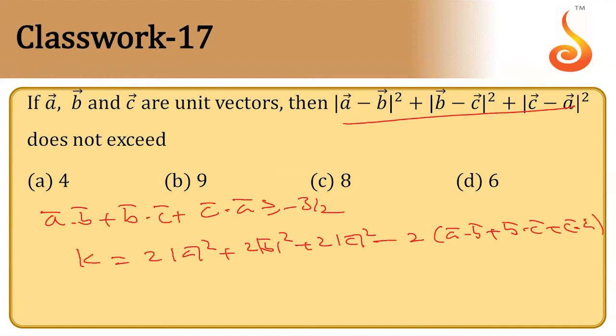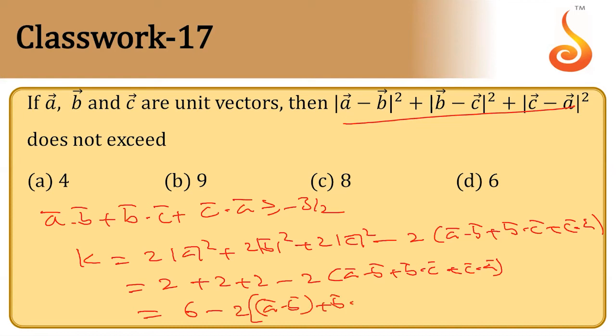So that is 2 plus 2 plus 2 minus 2 into a dot b plus b dot c plus c dot a. This is nothing but 6 minus 2 into a dot b plus b dot c plus c dot a. Correct? Now you want the k value required here. Understand what I'm saying? We know that a dot b plus b dot c plus c dot a is greater than or equal to minus 3 by 2.